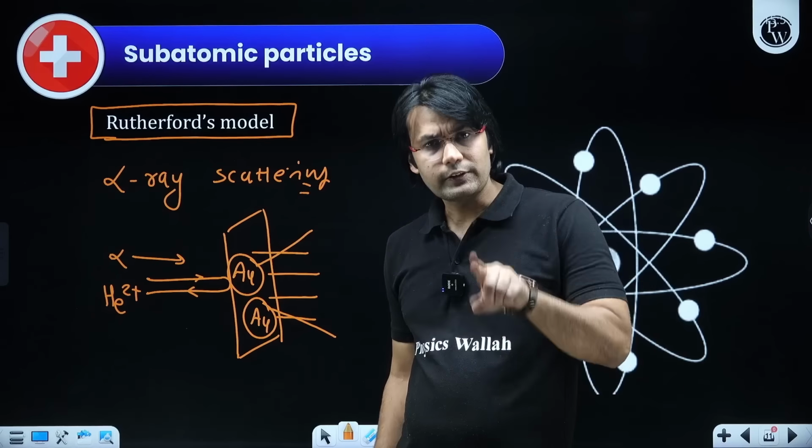The wave speed we always take as 3 into 10 to the power 8 meter per second, and this is also equal to speed of light, and even light is nothing but a type of electromagnetic wave. So this formula, especially speed equals wavelength into frequency, you need to remember.